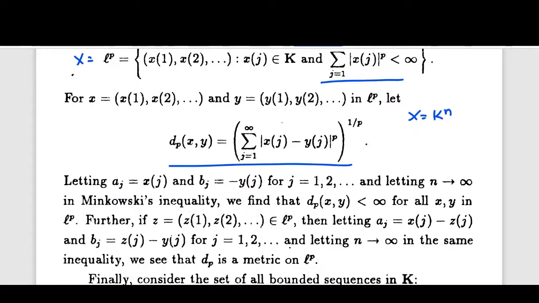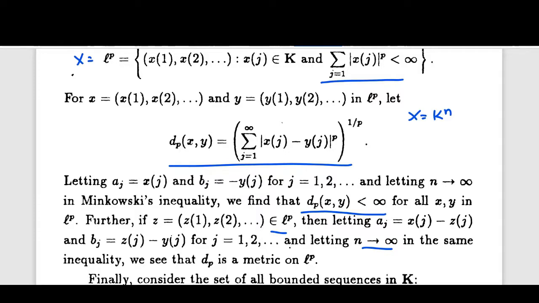Similarly, the second condition we can easily verify, that is d_p(x, y) = d_p(y, x). Now for the triangle inequality, the third condition, if we take any z in l^p, z = (z_1, z_2, ...), we let a_j = x_j − z_j and b_j = z_j − y_j for j = 1, 2, 3, ..., and letting n tend to infinity in the same inequality.